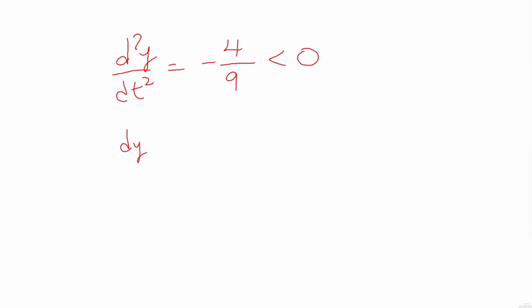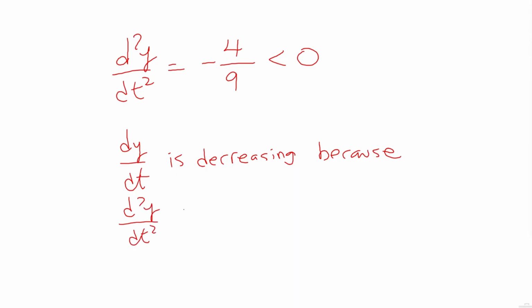That means that dy dt is decreasing because the second derivative is less than 0 at t equals 1. Okay. And so we get 1 point for showing that the sign here was negative, and we get 1 point here for indicating that dy dt is decreasing.